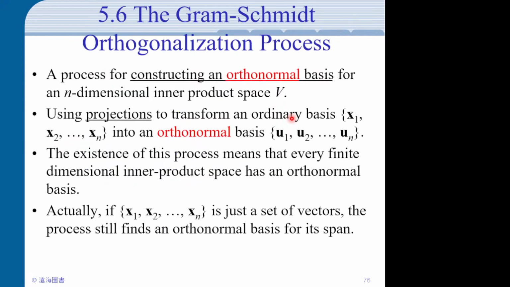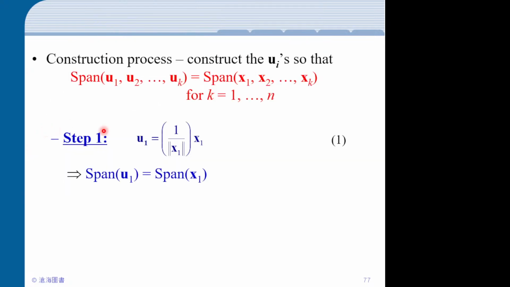Remember our idea is we want to construct u1, u2 to un from x1, x2 to xn, such that u1, u2 to un is orthonormal, and it also spans the same space as x1, x2 to xn. And we do this step by step.